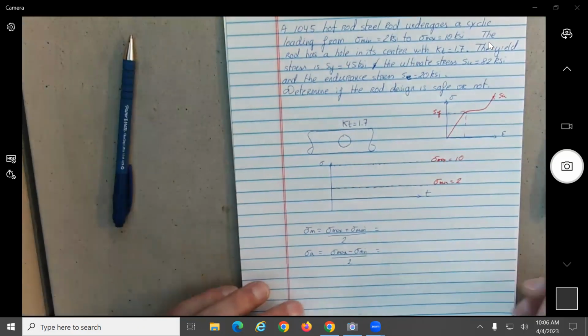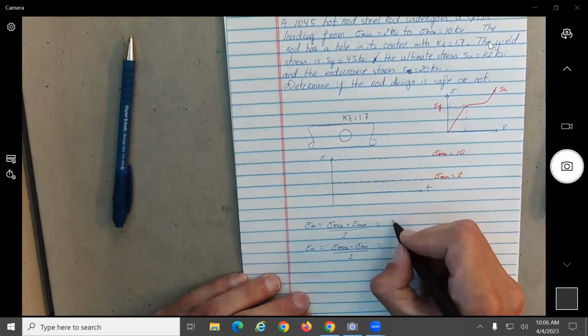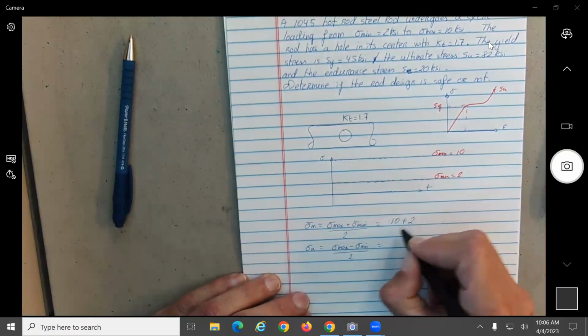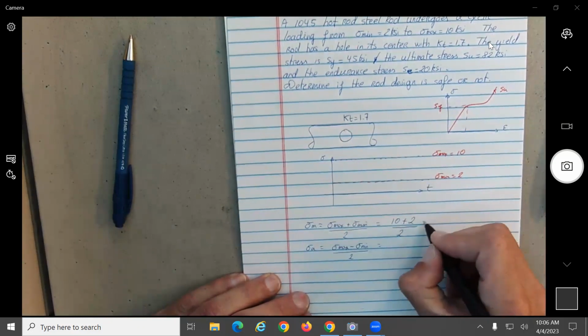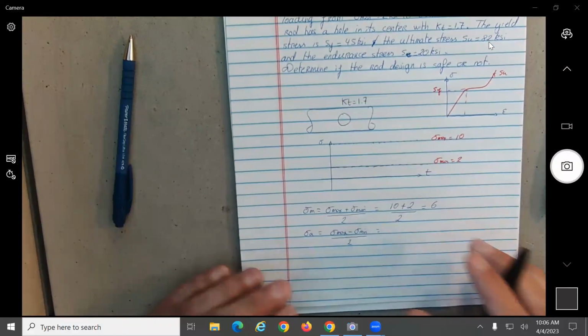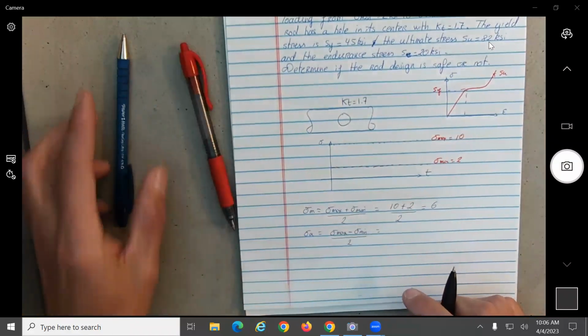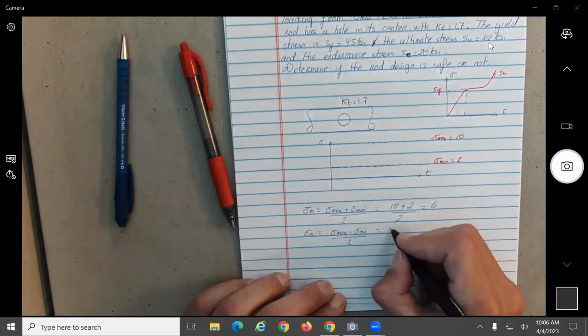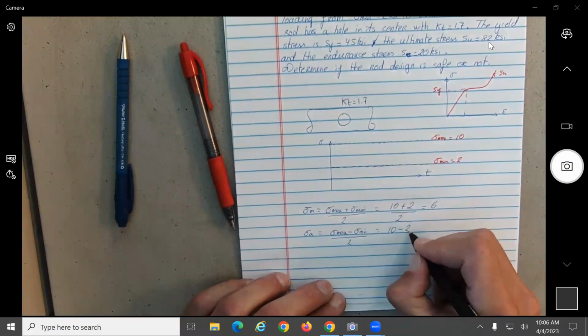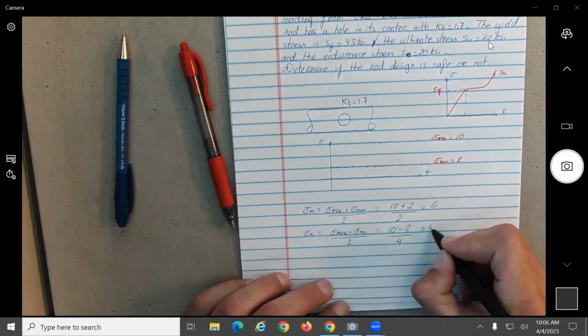So let's see, with these values, what do we get? Sigma m is 10 plus 2 divided by 2, that should be 6. You see, in this class it's not complicated math. There are no integrals. And then sigma a is 10 minus 2 divided by 2. That will give us 4.